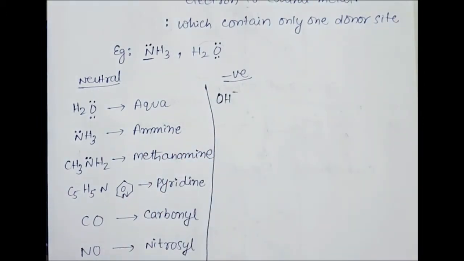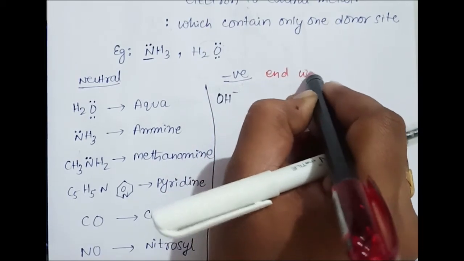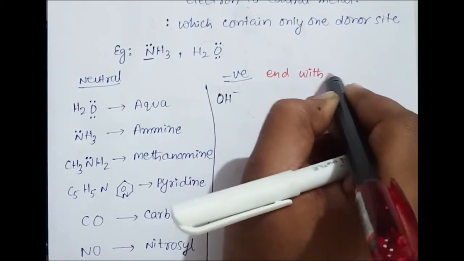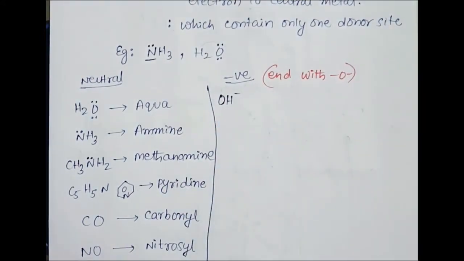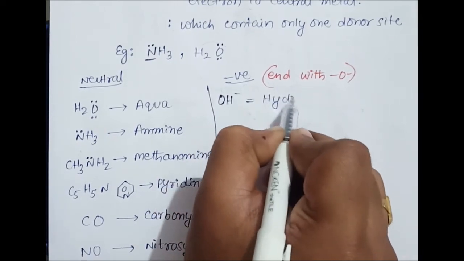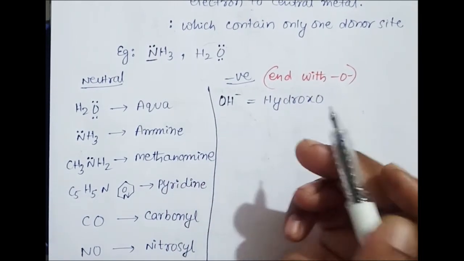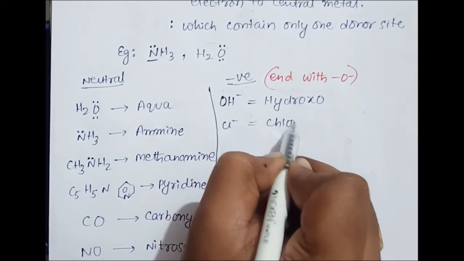Now, negative unidentate ligands like OH minus. Always the name of a negative ligand ends with O. So here OH minus, actually we call hydroxide, but here we say hydroxo. Like Cl minus, we say chlorido.